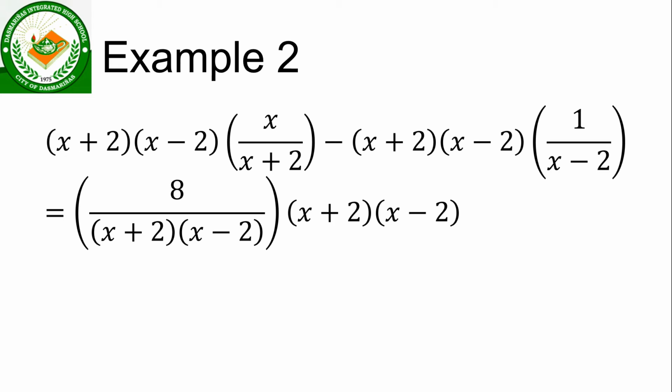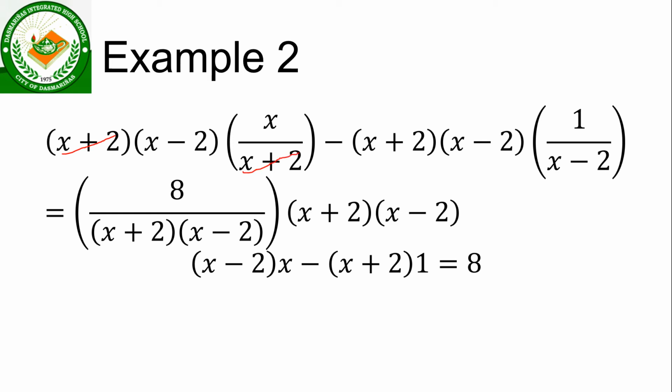Now, what will happen if we multiply the LCD to the first rational expression, to the second rational expression, as well as to the third rational expression? So this will be the answer. Okay, x minus 2 multiplied by x plus 2 was cancelled out.